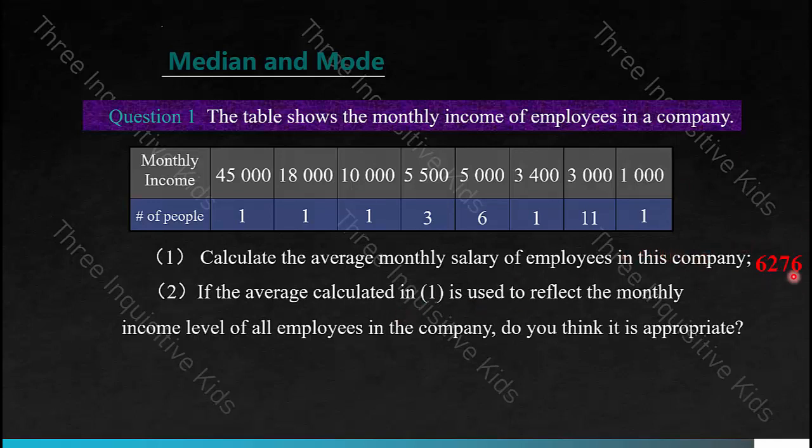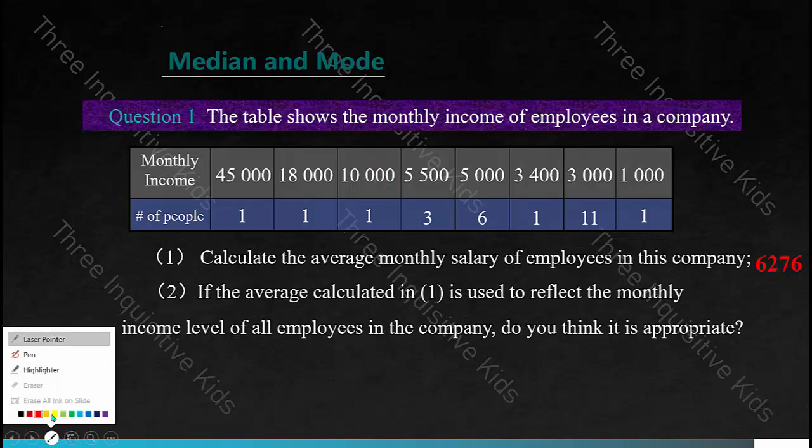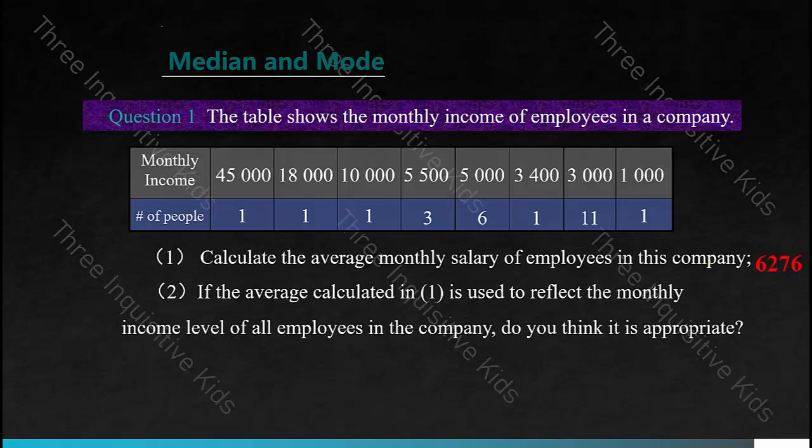But would you say this is appropriate to reflect the overall monthly income of employees in this company? Well, personally, I don't think it makes sense because this is in the 6,000, so that would go somewhere in between here, okay?